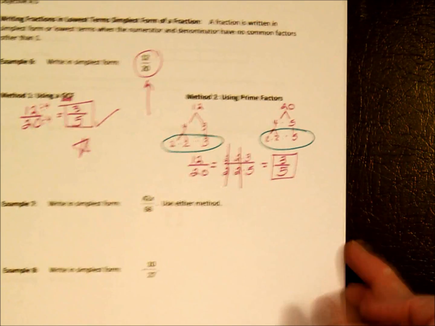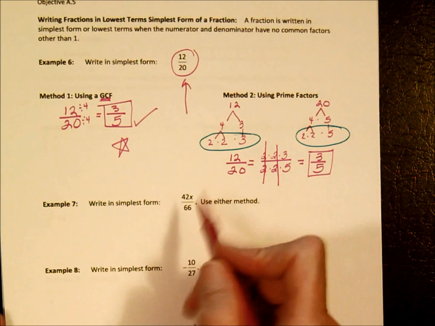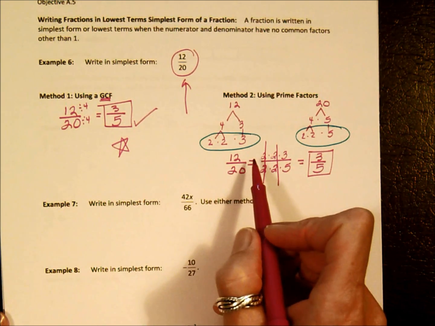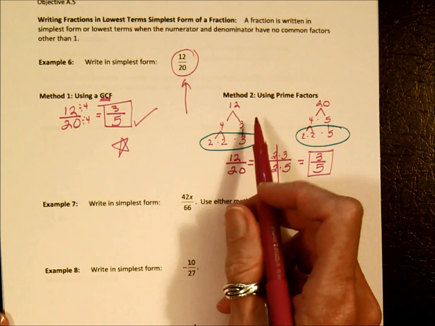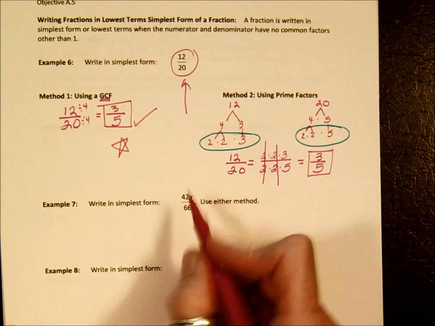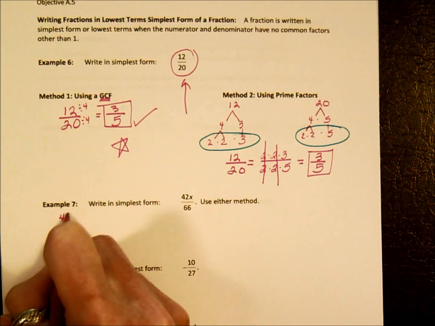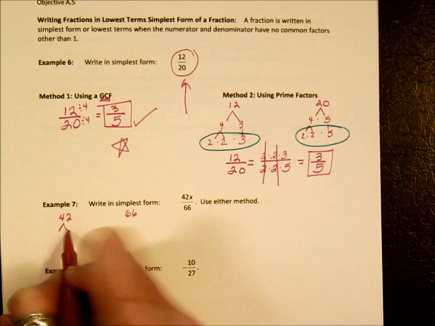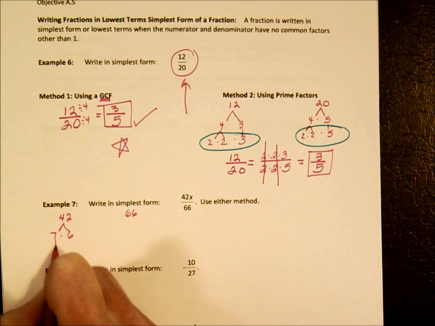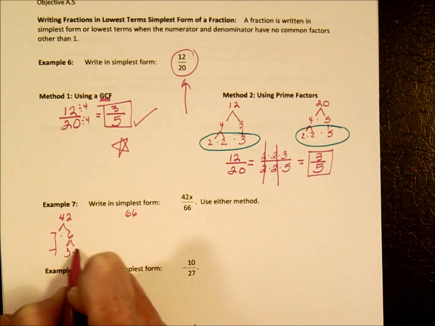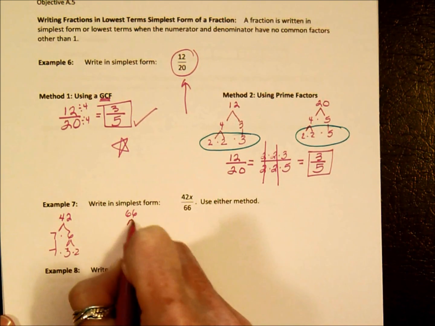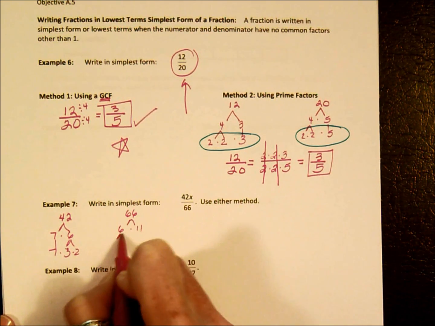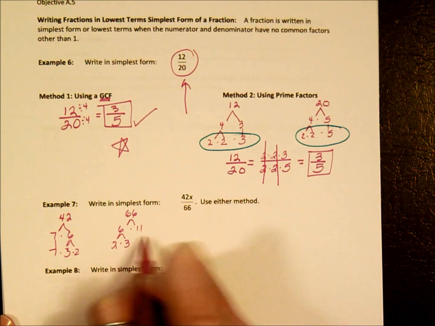So let's use this fraction, and I think because you're probably less familiar with the prime factor method, I'm going to do that. So we have a 42, and we have a 66. We'll deal with the x in a minute. This would be 7 times 6, or 7 times 3 times 2. 66, 6 times 11, 2 times 3 times 11.